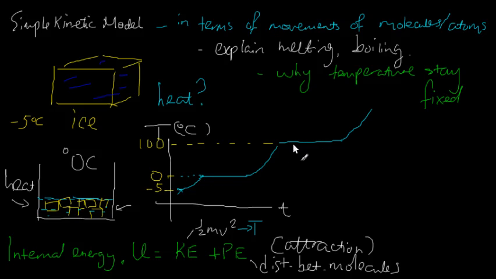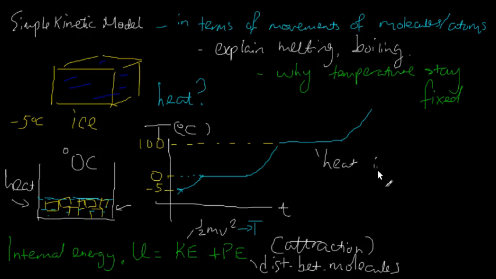So during boiling, all the heat would therefore be used to overcome the attraction between molecules. We can imagine that there are these molecules and you need to pull them apart, because there is attraction between the molecules. So that's what happens during melting and boiling.